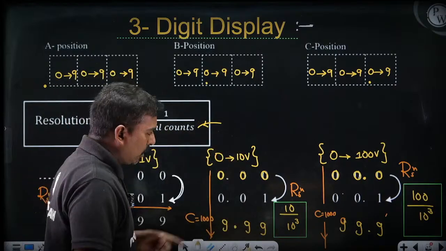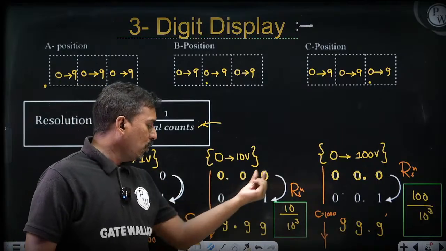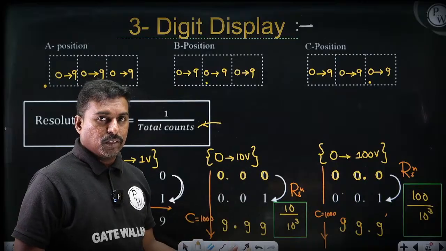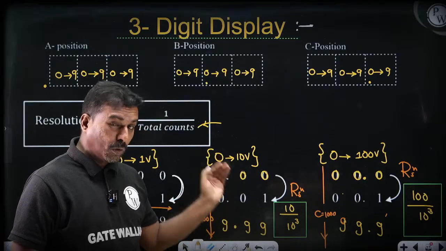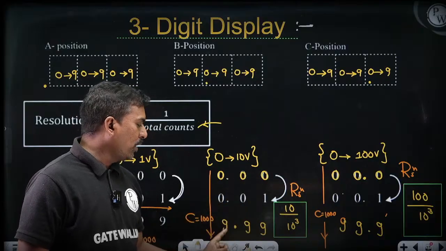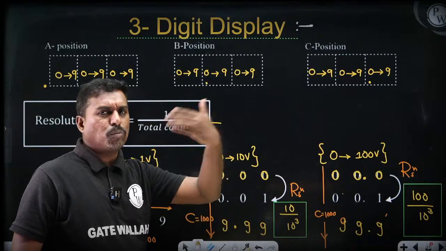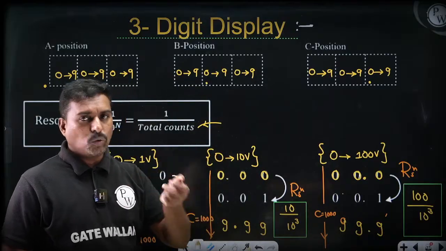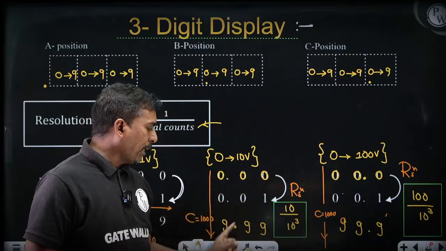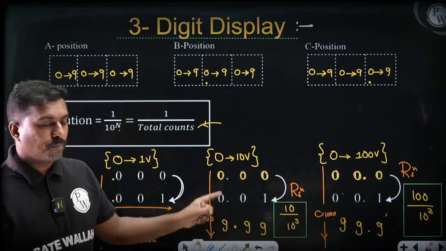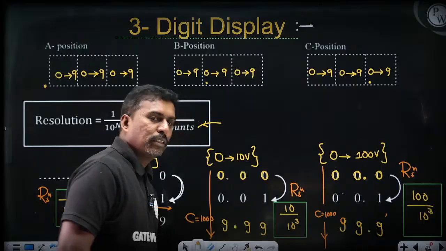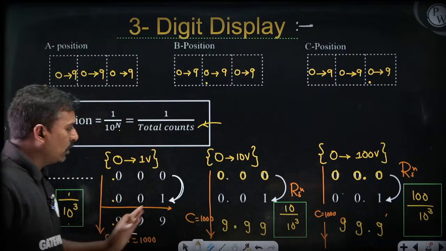So the total counts are 1000, because it starts from 0.00 and ends at 9.99, that is 0 to 999, 1000 counts. But the range 0.00 to 9.99 means the range is 10 volts. So what is the minimum increment it can detect now? 0.01, that is 10 millivolts. So this is 1 millivolt, this is 10 millivolts.